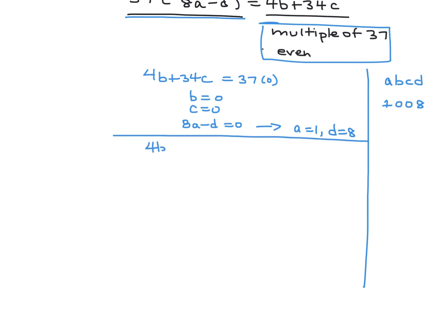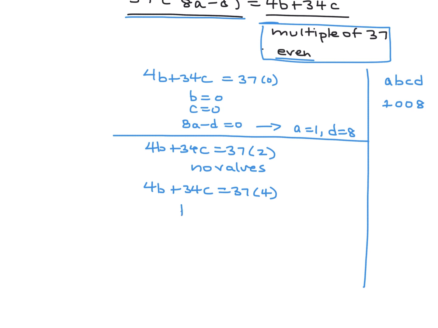Let's try the next multiple of 37, 37 times 2. But it's got to be an even multiple of 37. Yeah, and 0 is an even number, by the way, just in case you're wondering. I'll save some time and tell you that there's no integer values for which this works. Then 4B plus 34C is equal to 37 times 4, the next one.